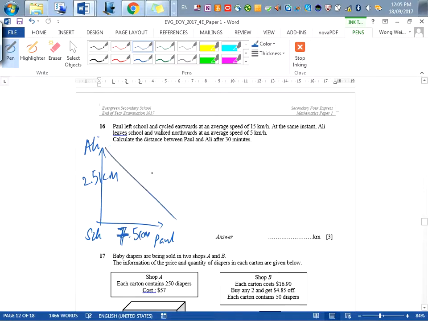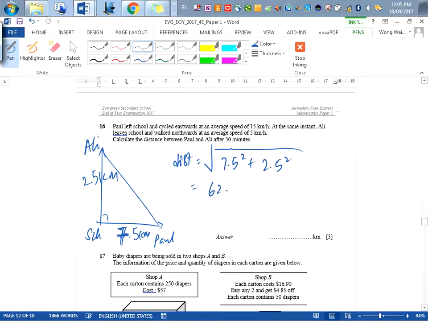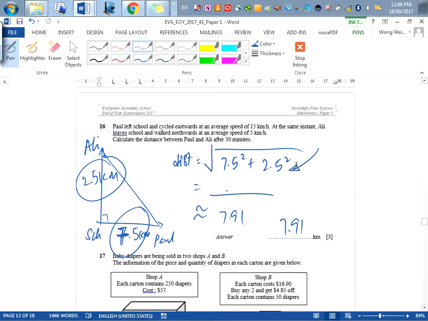Then the distance is calculated using Pythagoras theorem. For this question, as long as you show either this or this with calculation, you get 1 mark. Then when you show this, you get 1 more mark. This is 1 more mark. Okay?